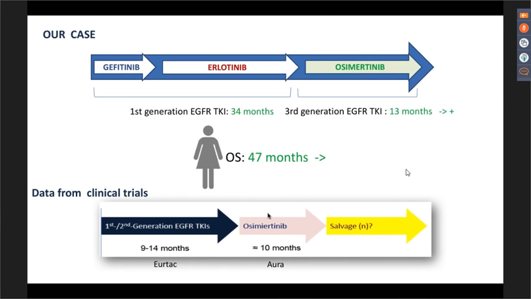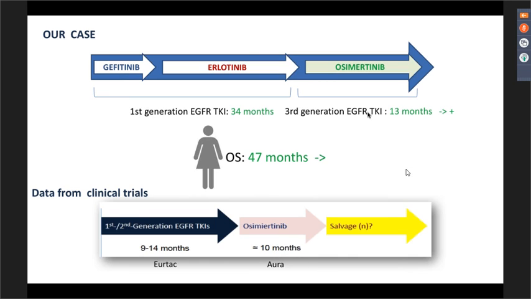Let's go back to our case. Remember that we are talking about stage 4, poorly differentiated lung cancer. Before targeted therapies, the overall survival for these patients was around 9 months. And I am reporting an overall survival of 47 months in this patient: 34 months with the first generation TKI, and 13 months more using a third generation TKI.